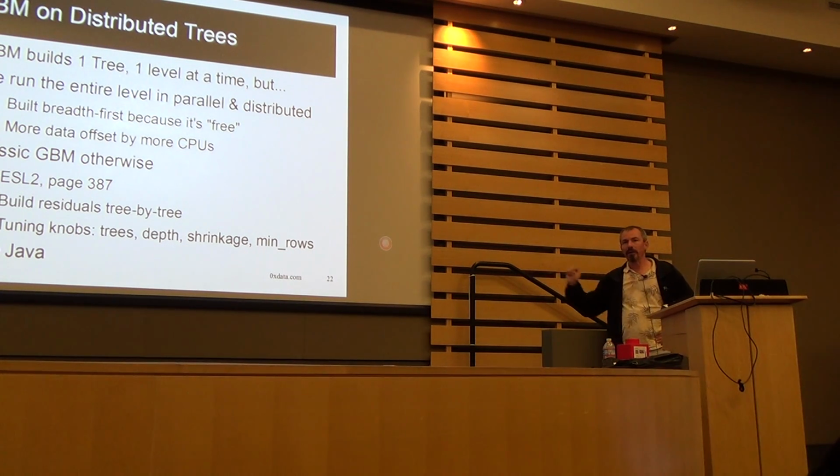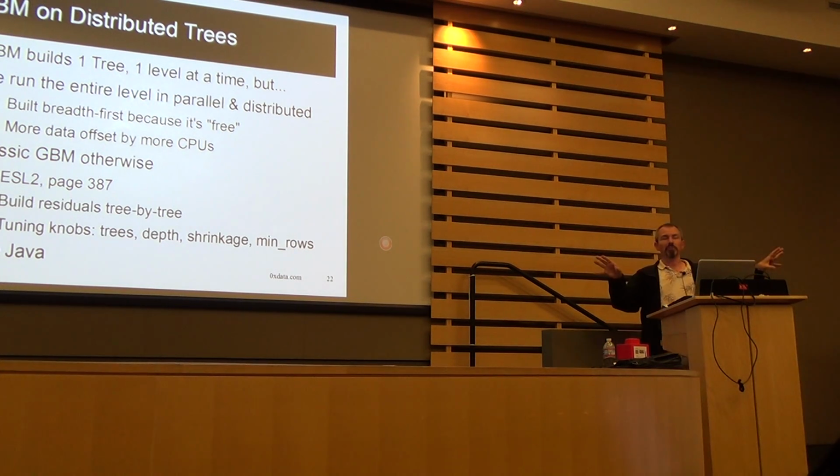That's still single-threaded, if you will. But at the point between each layer, that goes fully parallel to compute the map. So I can keep adding more data if I keep adding more compute nodes and keep my tree building time constant. Otherwise, it's pretty classic GBM using the algorithm shown on the prior slides.